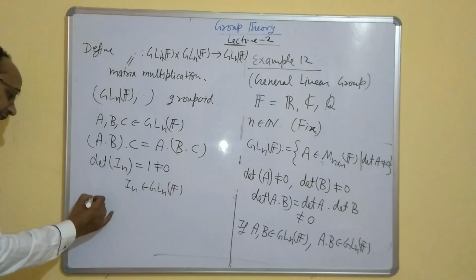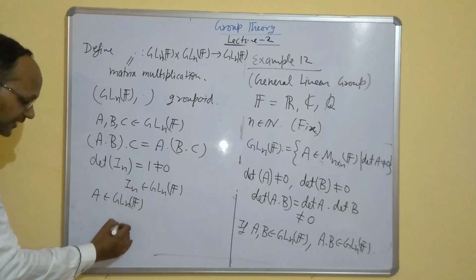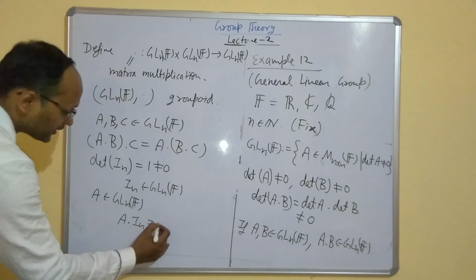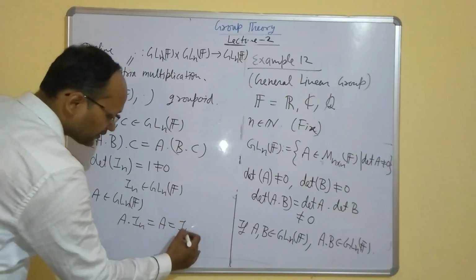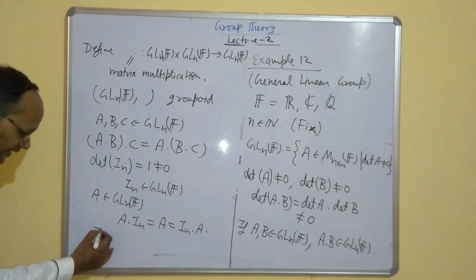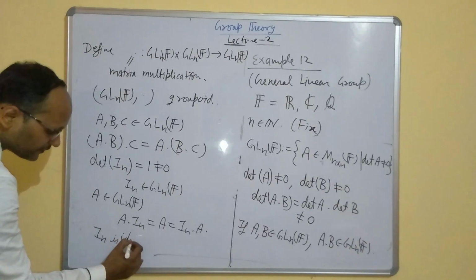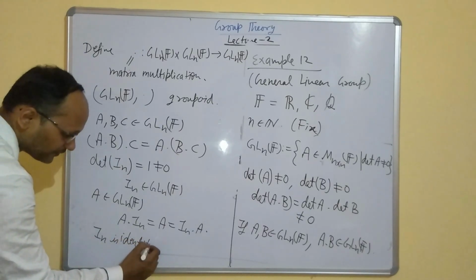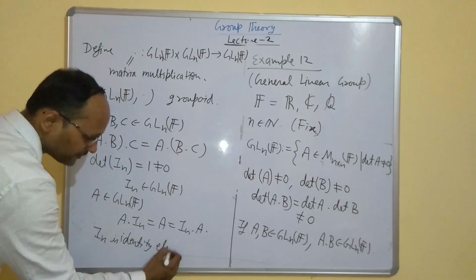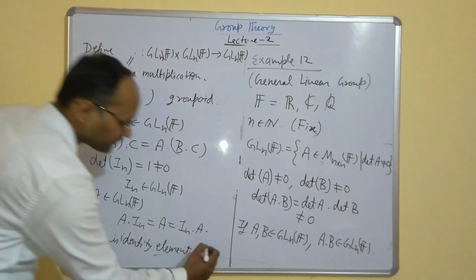And when you take any matrix in GL_n(F) and multiply it with the identity matrix, you will get the same matrix. So it means I_n is the identity element of GL_n(F).